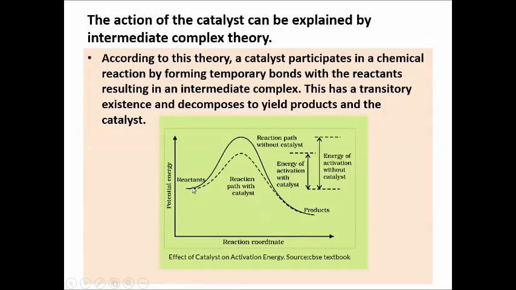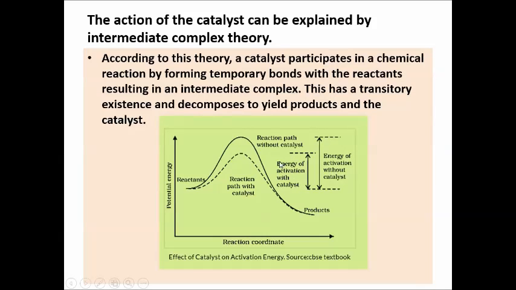That is reactant to the complex or the intermediate. How much energy is required to form this intermediate compound? That energy is said to be activation energy. Without the catalyst, it is this much. If you use a catalyst, then the path or this height becomes small. That is, the activation energy with the catalyst is less.